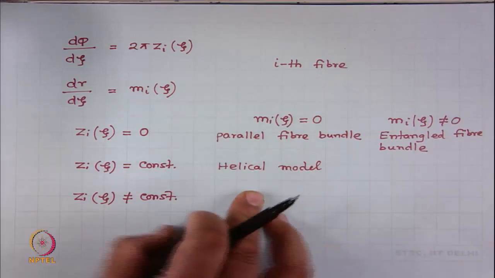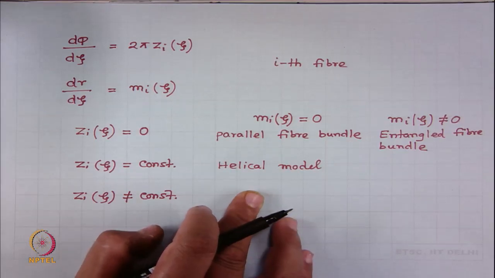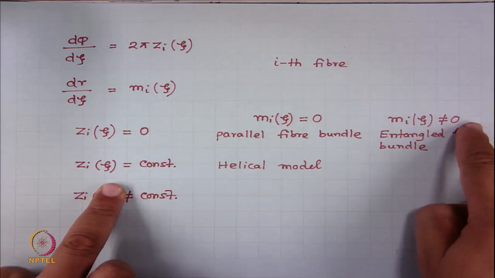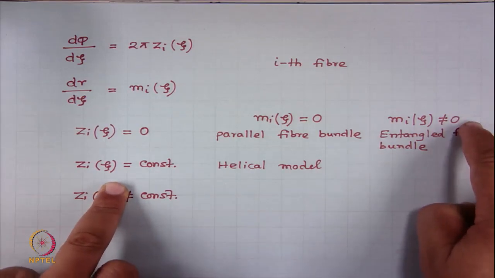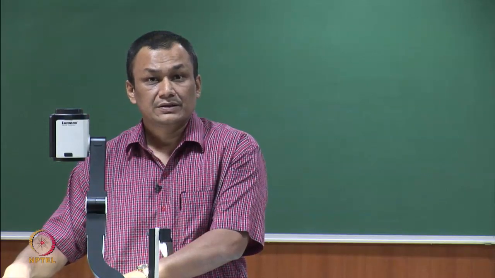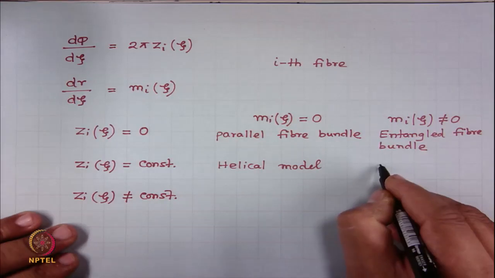This model we have already discussed in probably module 4. Now, we come to this situation: a constant amount of twist is given in the yarn and there is a possibility of radial movement of fibers, that we talk about as radial migration of fiber.